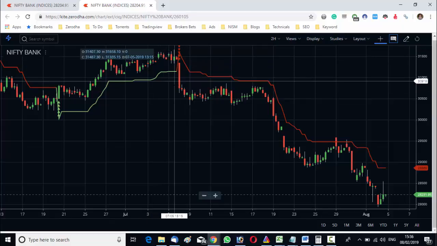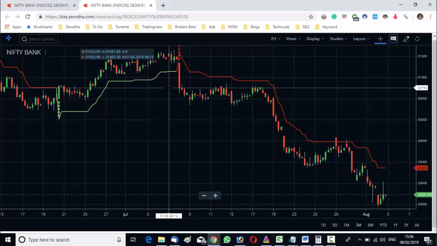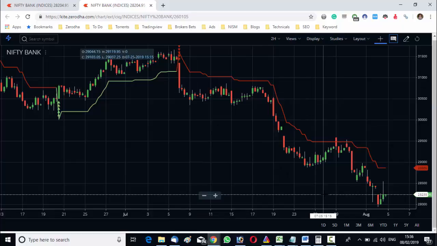Then the price has reversed. A sell signal has come around 30,750 odd level. From there, once again, a down point has been made around 27,950 odd level.